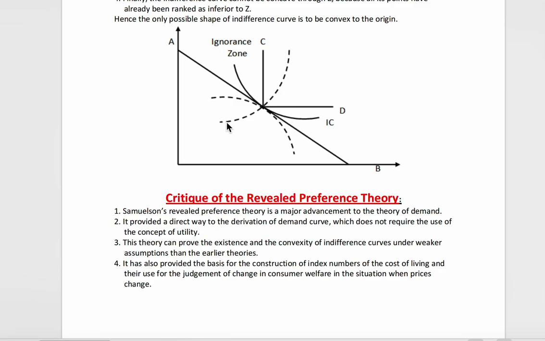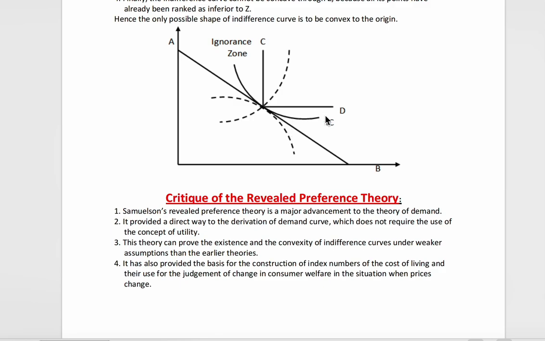this curve will not get the maximum satisfaction, because all the combinations should be able to give the same level of satisfaction. If one of the points lies on the inferior zone, then this point will not give the maximum satisfaction. Similarly, the concave shape of the indifference curve is also on the inferior zone, so it will not give the maximum satisfaction.